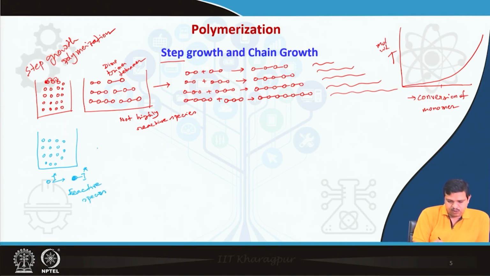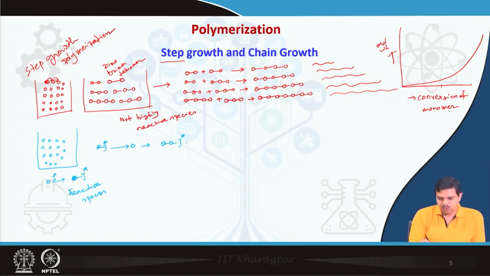Now, this active species can react with one monomer and then it forms like that. Okay.